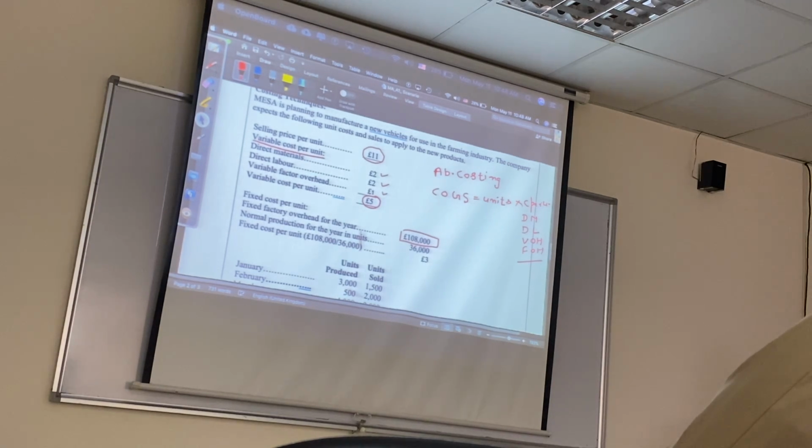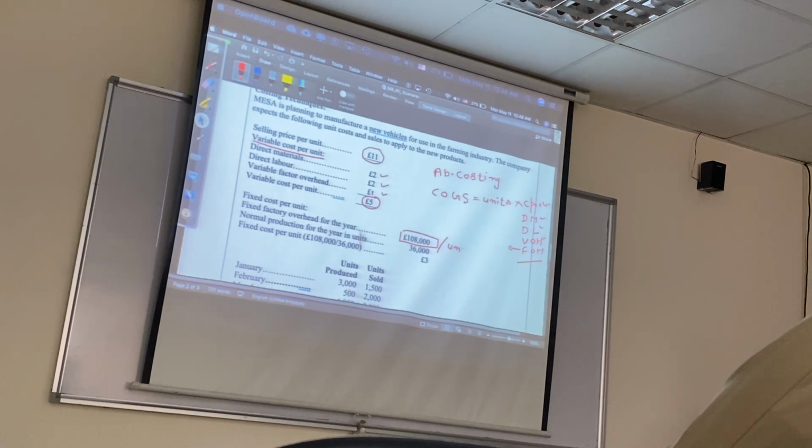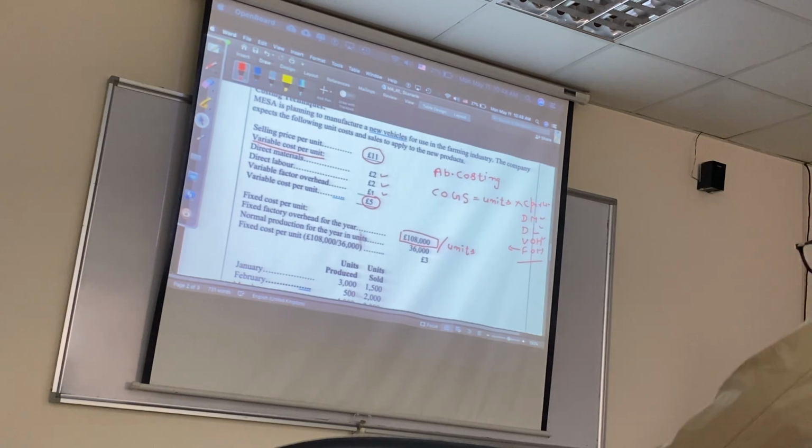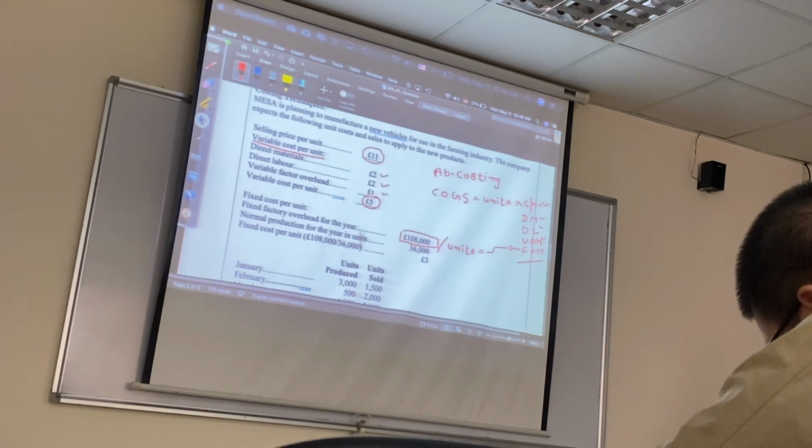So they are giving us a total, but we need per unit. If you want to convert into per unit, you divide it by the number of units. Then we have to find it. So then you got here fixed cost per unit.